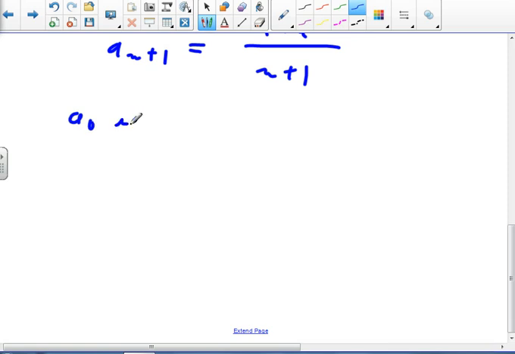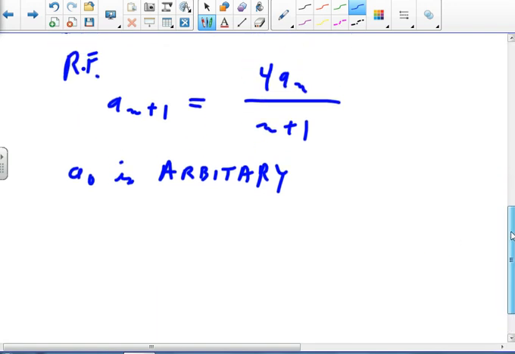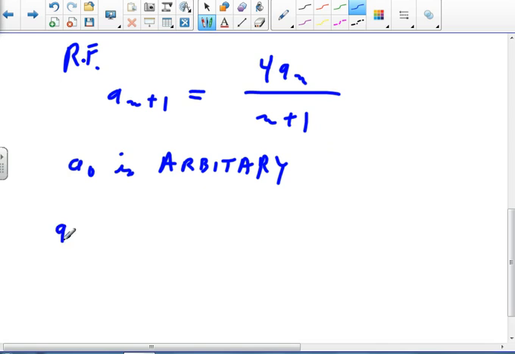Well, a0 is arbitrary. What if this were a second order differential equation? Well, then I would say a0 is arbitrary, and I'd say a1 is arbitrary. I have two constants of integration, a1 and a0. I make them both arbitrary. Okay, that being the case, a1 has to be 4 a0 over 1.